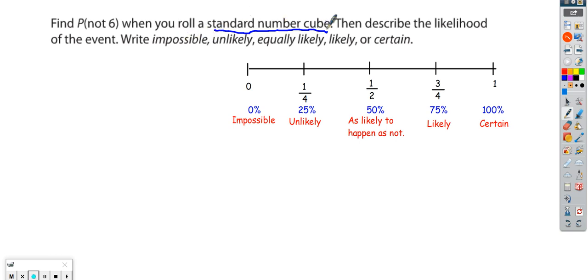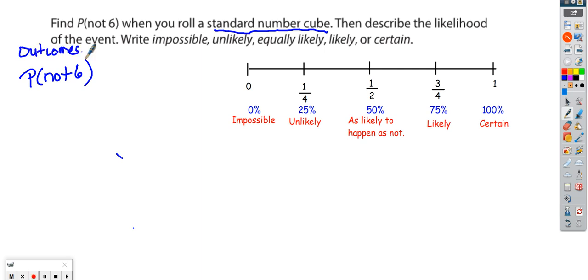Same thing that we did on the last example. We want to find the probability that when you roll it, it is not a 6. So probability that it is not 6. Well, we know the outcomes of a die, right? We just listed those on the last slide.